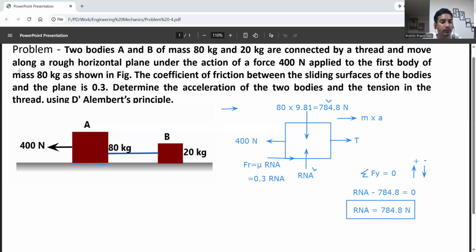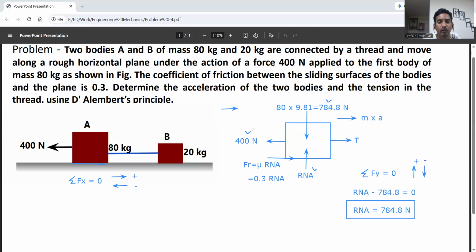The next one, apply summation Fx is equal to 0, the sum of all horizontal forces. For that, the direction of force to the right side is positive and to the left side is negative. See which forces act in the horizontal direction.